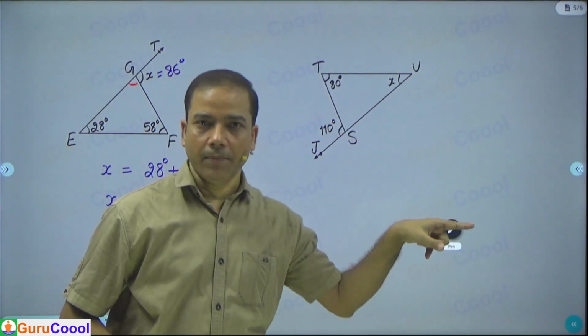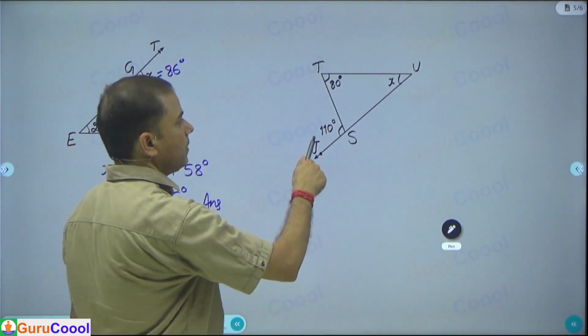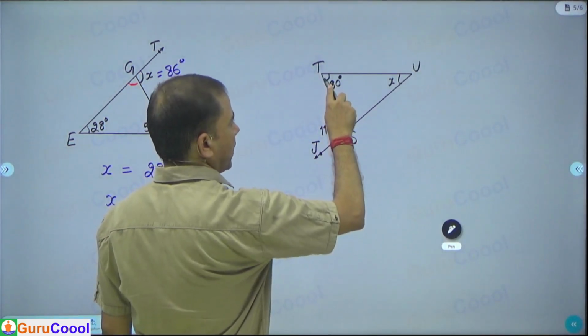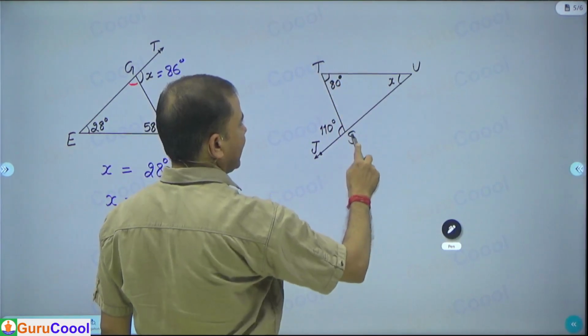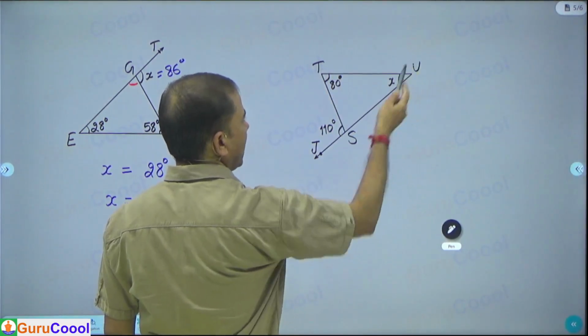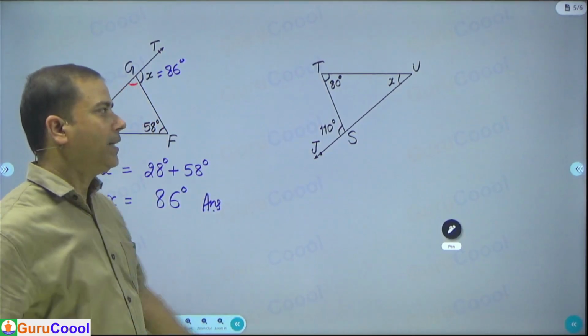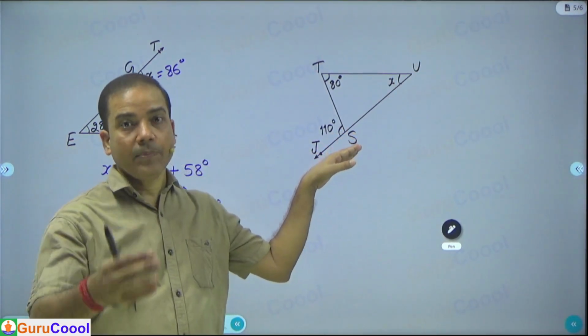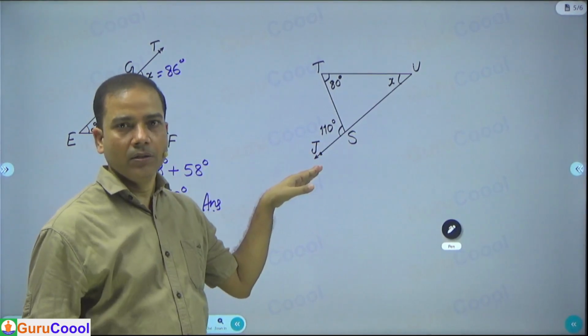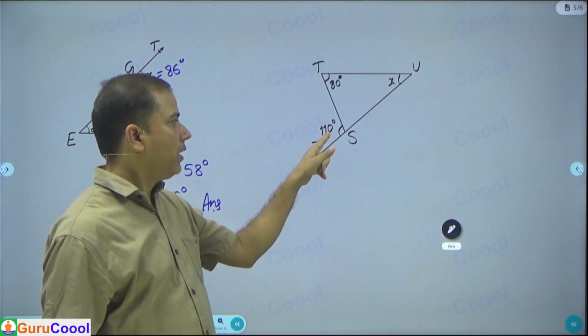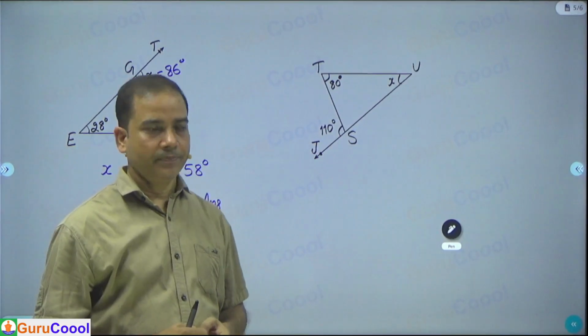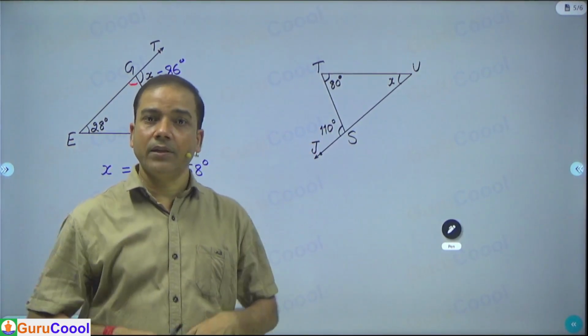Here we have another example. In this example, the triangle is STU, and you can notice that one side US has been extended in this direction, in one direction. So here is an exterior angle, and the value of the exterior angle is already known to us.